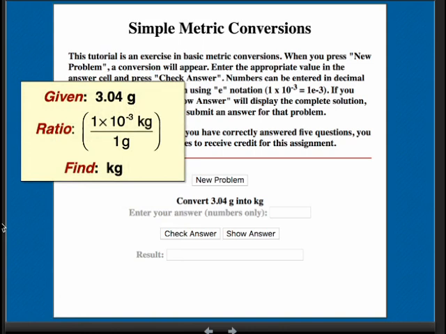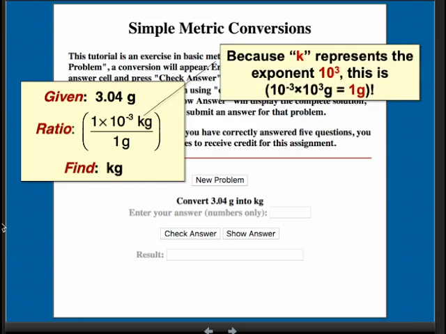Here's our given, here's our ratio. When you're doing these ratios, just think. This is 10 to the minus 3, correct? Kilo is 10 to the third. So if we multiply 10 to the minus 3 by 10 to the third, we get 1. So it's a very simple conversion to do in your head.